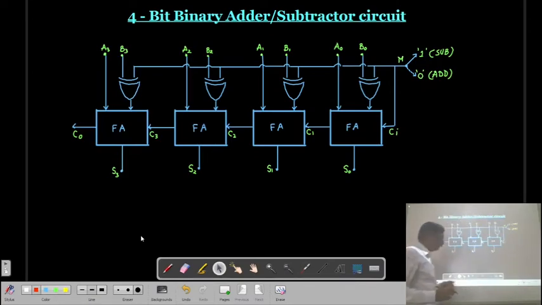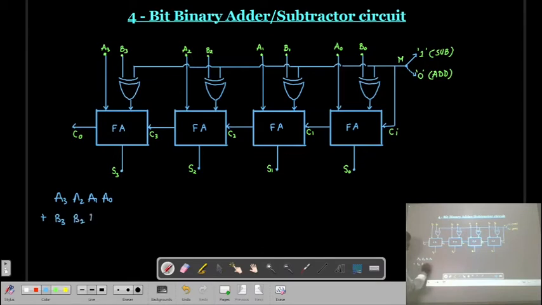Actually what we want is the addition of these 2 numbers. One of my numbers is A0, A1, A2 and A3. It is going to be added with B3, B2, B1 and B0.